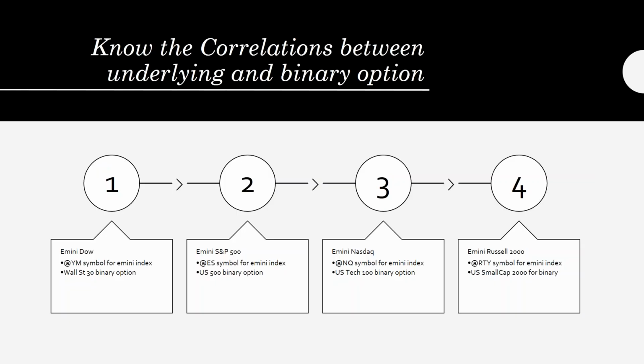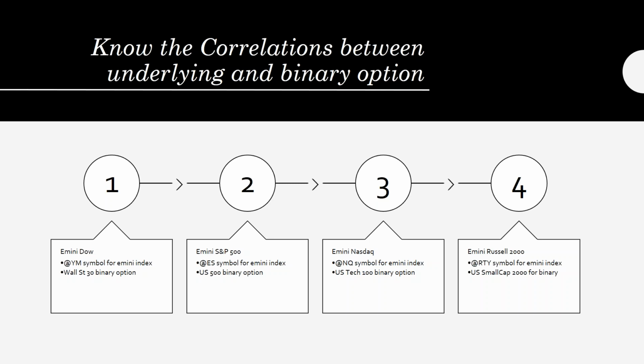Now, the first thing that you need to know is the correlation between the underlying and the binary options. And I have listed the U.S. indices that are available on Nadex. And basically you have the Wall Street 30, which uses the E-mini Dow Jones as the underlying. If you were using a different charting platform, the symbol would be YM.